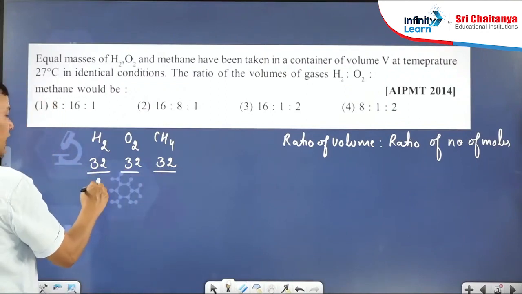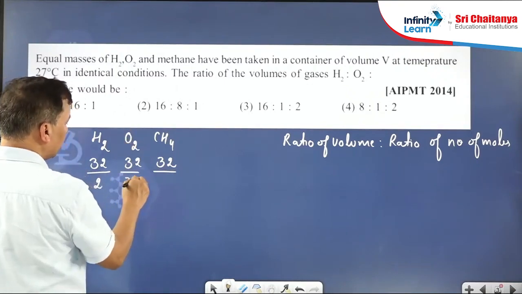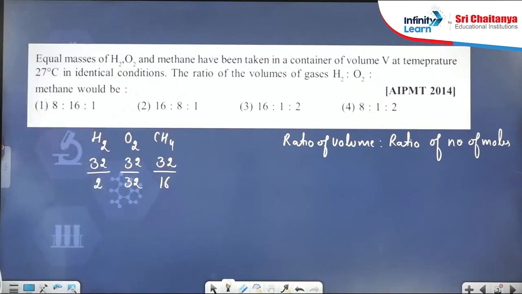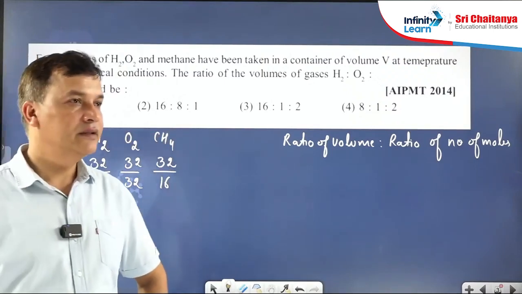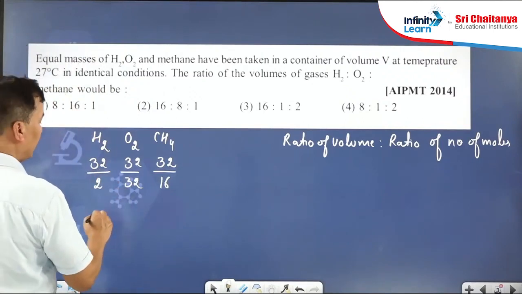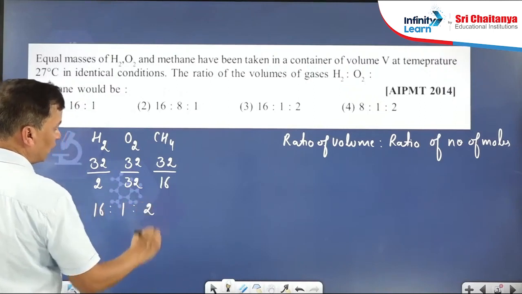The molar mass of hydrogen is 2, of oxygen is 32, and of methane is 16. Is that clear or not? So dear student, now its ratio is 16 to 1 to 2.